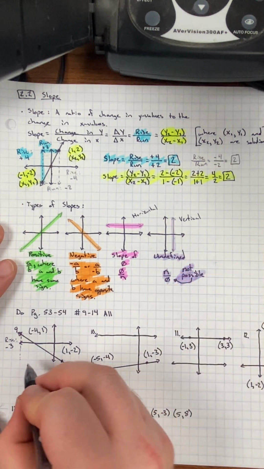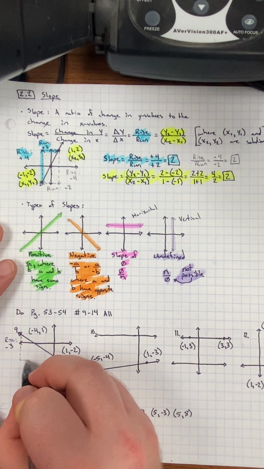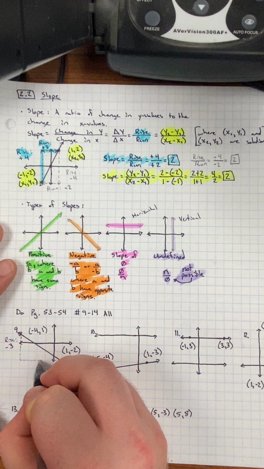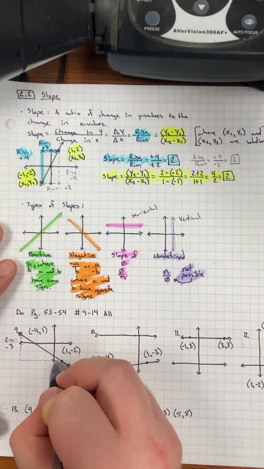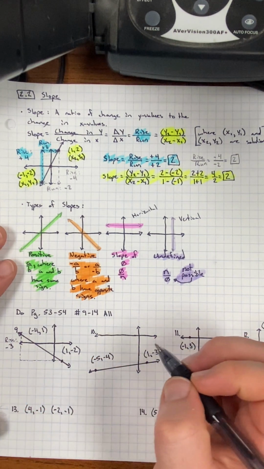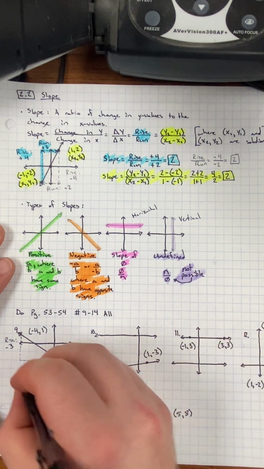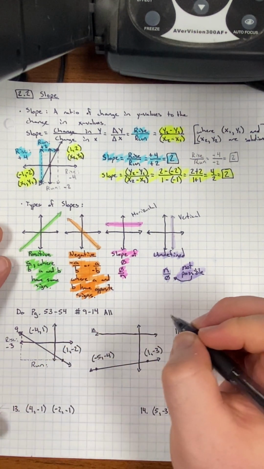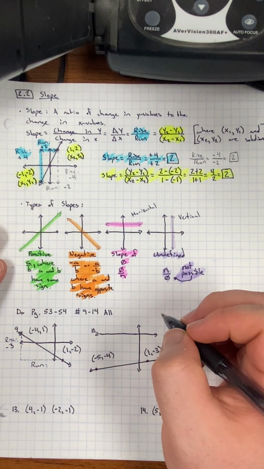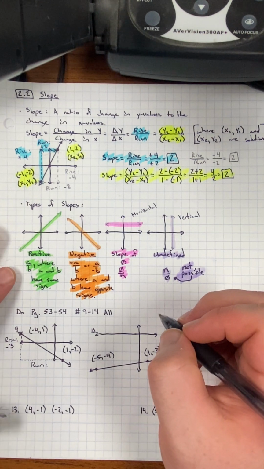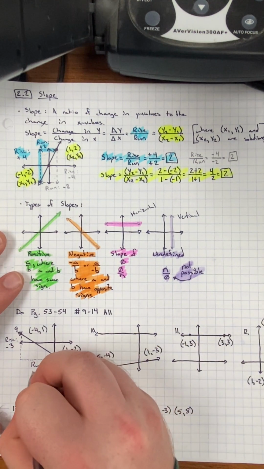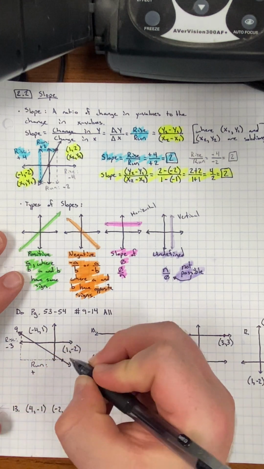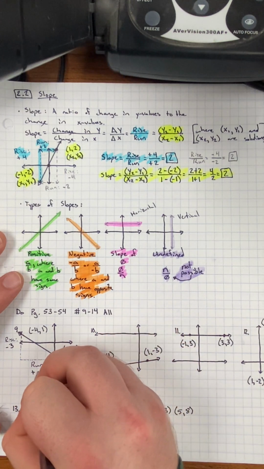Now I'm going to keep track of my run. So now I'm going over 1, 2, 3, 4, 5. Okay, so now I went to the right 5, and the way that we note that in math is if I went to the right 5, that means that I went positive direction, because going to the right is a positive direction, 5 steps, okay?